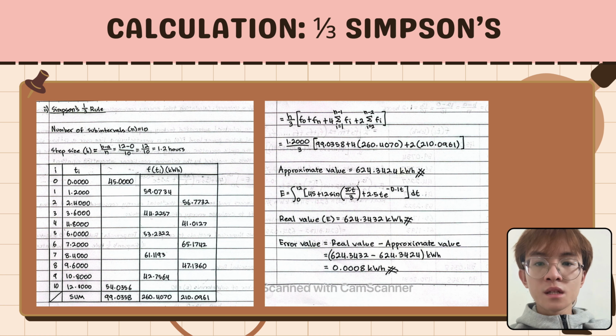This is compared with the exact value obtained from integration, which is 624.3432 kilowatt. The error is only 0.0008 kilowatt, which is much smaller than the error from the trapezoidal rule. Therefore, Simpson's 1/3 rule provides a highly accurate approximation and is more suitable for this problem.